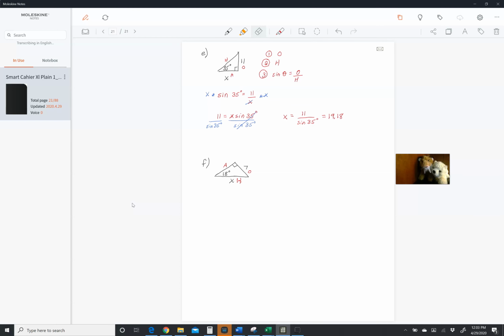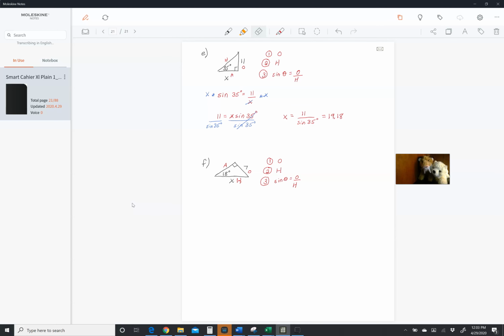You don't lose anything by writing a. What do we know? We know the opposite. What are we trying to find? We're trying to find the hypotenuse. And which trig function? Sine is opposite over hypotenuse. We'll do one more after this because I didn't mean to do sine both times.